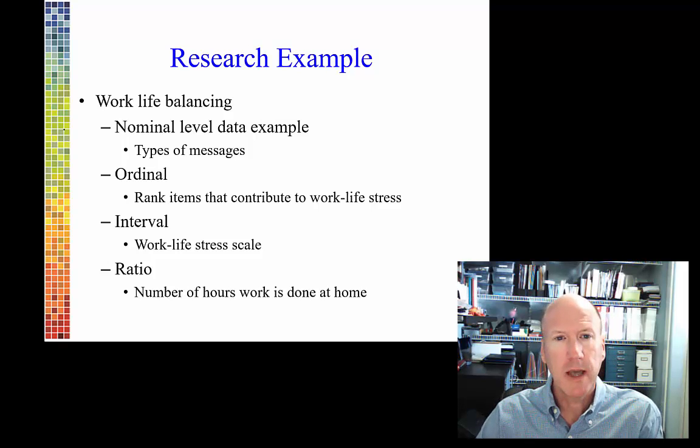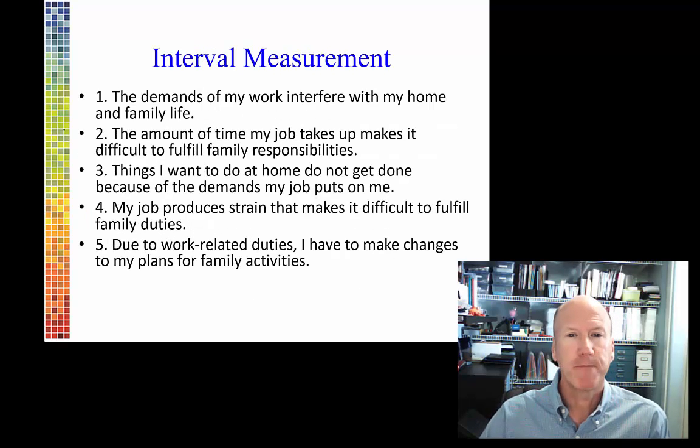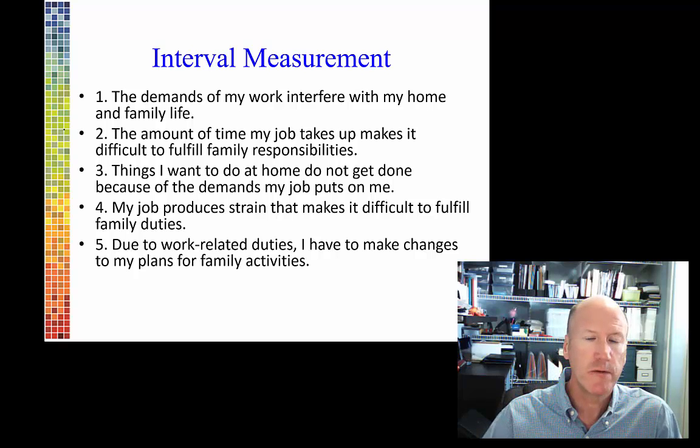Another example using these levels of measurement would be interval, and here we might have a work-life family stress scale. Here are 5 statements that you would respond to using some of the items that I showed you before. For example, number 1, the demands of my work interfere with my home and family life.